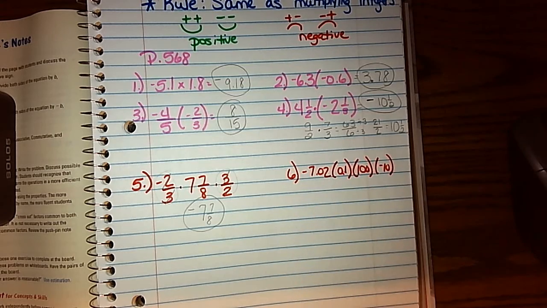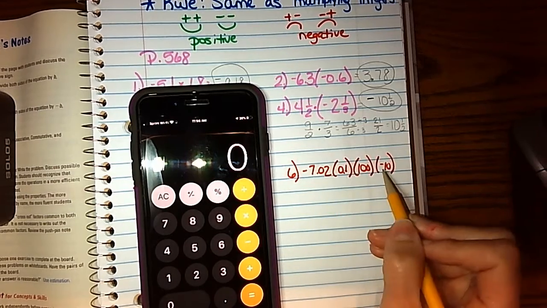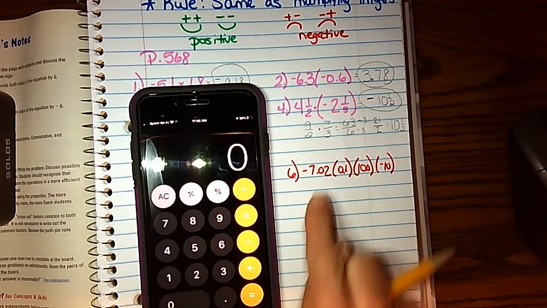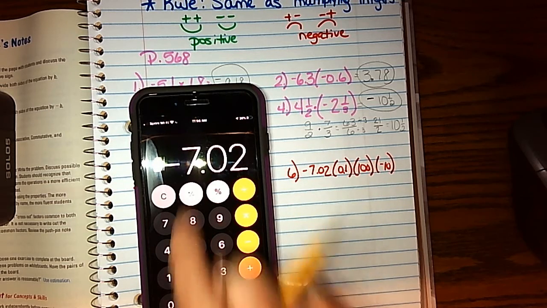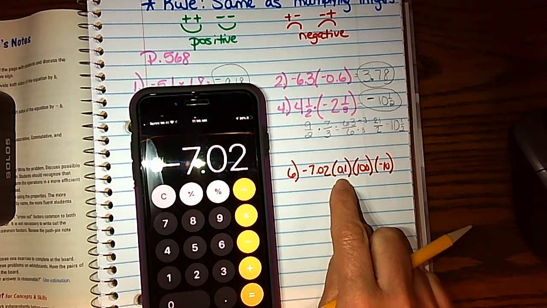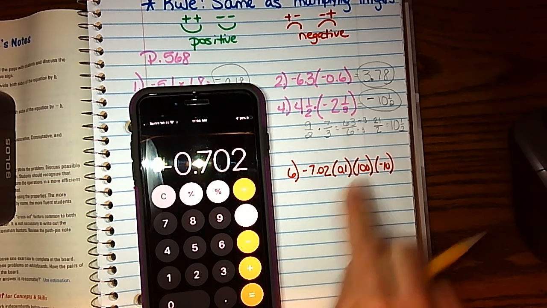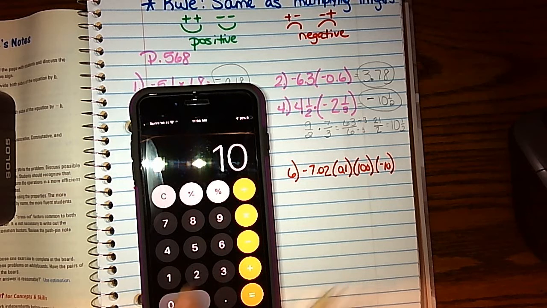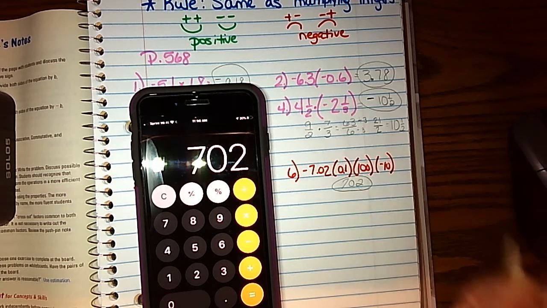Now over here, I'm just going to use my calculator since I can, and I'm just going to type it in. All of this is multiplication, so I'm just going to multiply everything using my calculator. So 7 2/100, that's a negative. I'm going to times that by my 0.1, times that by my 100, and then times that by 10, make that negative, and I get a positive 702.